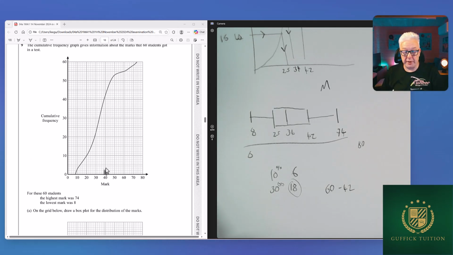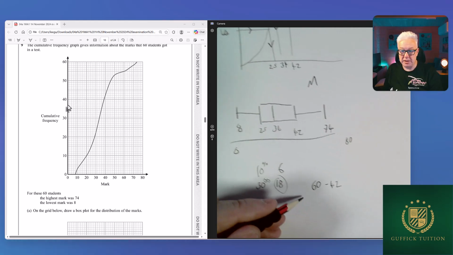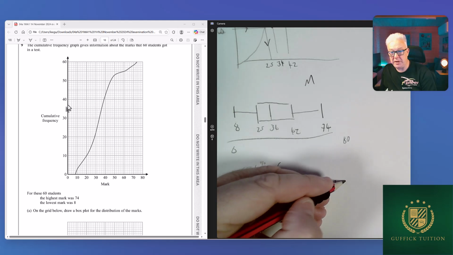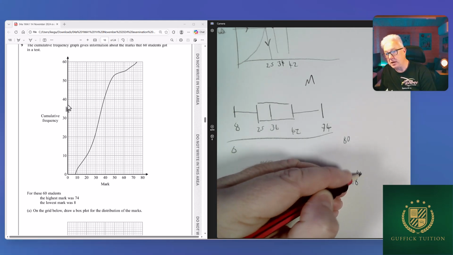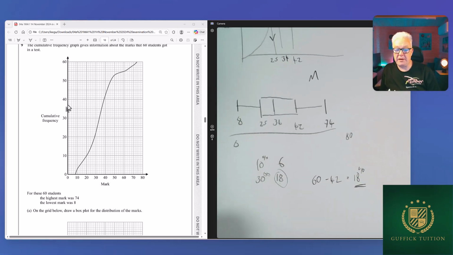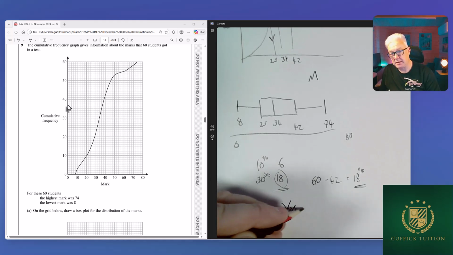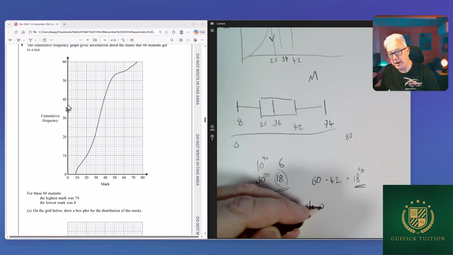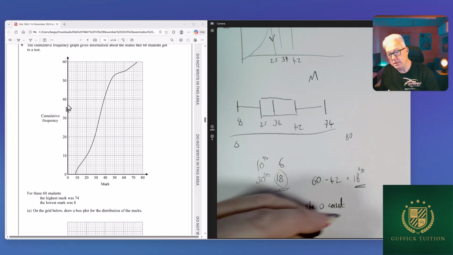I draw a line on the graph going up there, and a line going across to 42. And 60 take away 42 is 18. So it turns out that Cyan is in fact correct. Yes, she is correct. There we go.